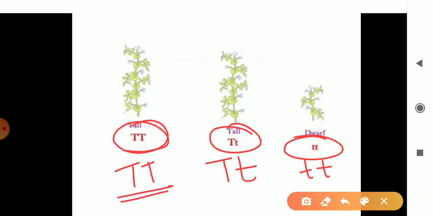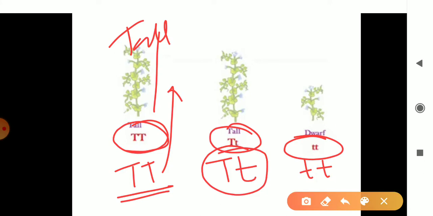When there are two genes for tallness, it's definitely going to make a complete enzyme, and so the plant is going to be tall. If there is a factor for tallness and a factor for shortness, since there is a factor for tallness already present, a complete enzyme will be made. This factor for shortness will be ineffective. A complete enzyme will be made, and so the plant again will be tall.